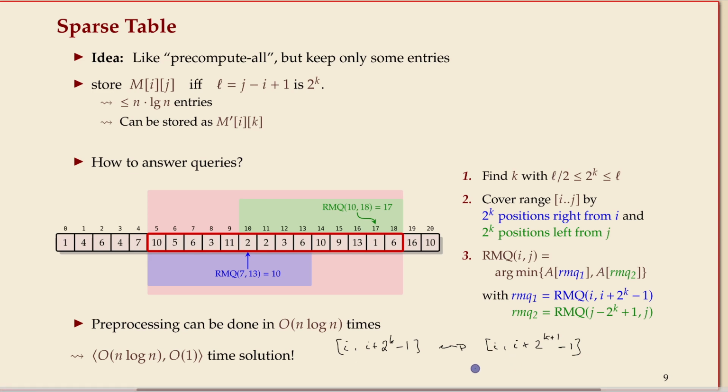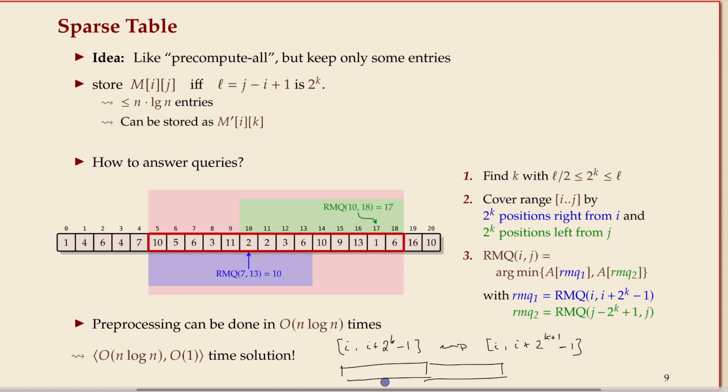This is one range, and then you have another one of the same length, and that gives you that range. So you have the same situation as here. You have a blue part on the left, and you have a green part on the right.